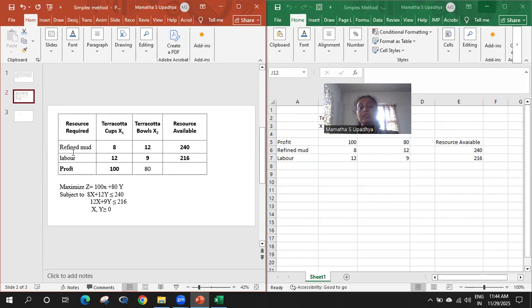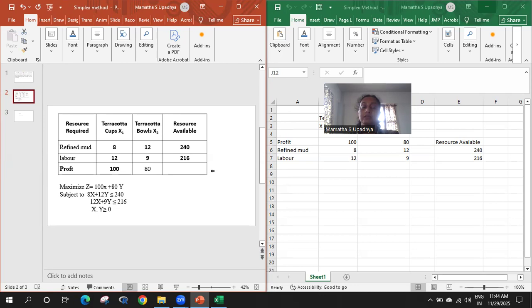Subject to the constraints: refined mud is available only 240 units and labor available is 216 units. So this will be our formulation of the given problem.